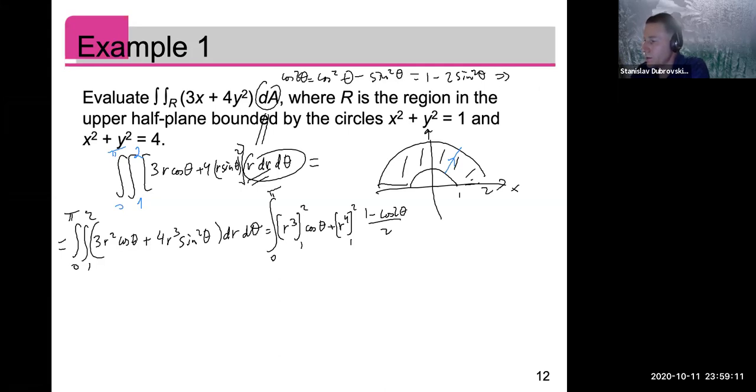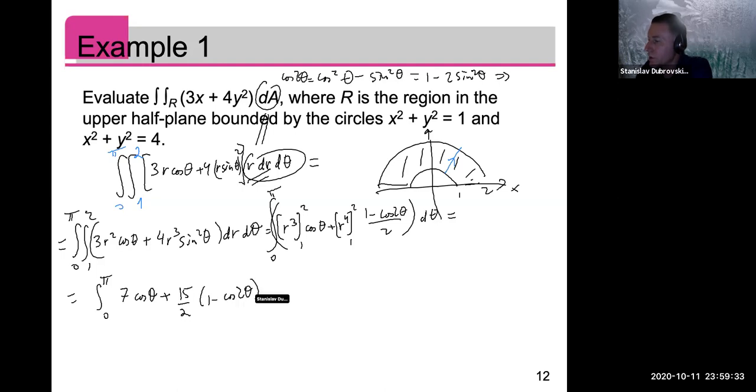That has to be integrated with respect to theta. So then I will be left with 2 cubed is 8, 1 cubed is 1, so I'll get 7 cosine theta, plus here similar logic, we'll get 16 minus 1, 15 halves, 1 minus cosine 2 theta, d theta.